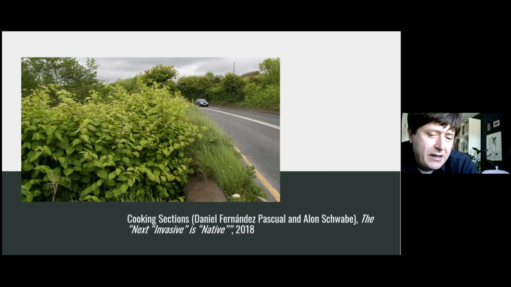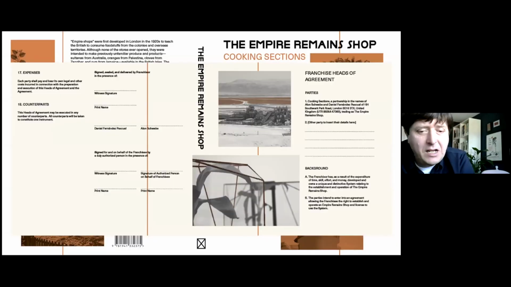As a bit of context, the work took place within the Empire Remains Shop, a larger project that they ran. They had a temporary project space on Baker Street in London, a site for loads of performances, installations, and discussions about the idea of what would happen if you sold back the remains of the British Empire in London today.